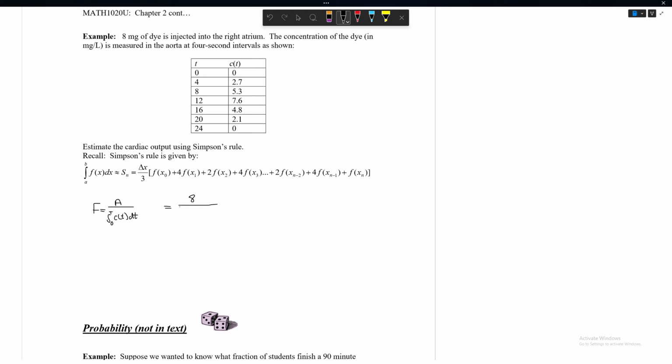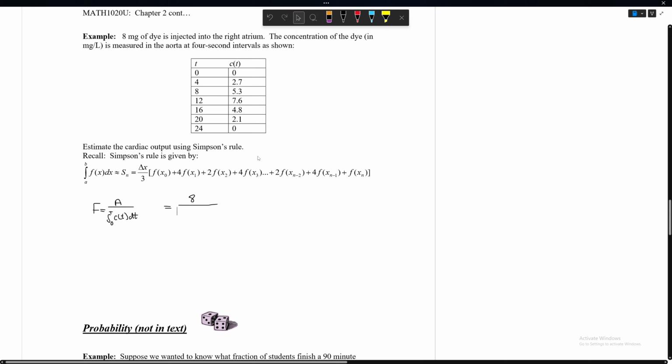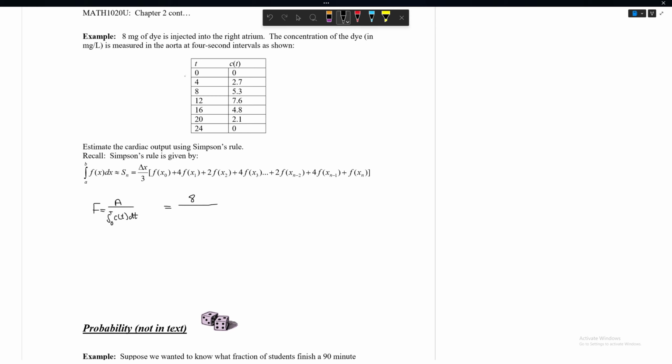From what to what are they asking me? Obviously I know my time here is from 0 to 24. And then my c(t), I'll just write c(t) dt, because I don't have an equation.